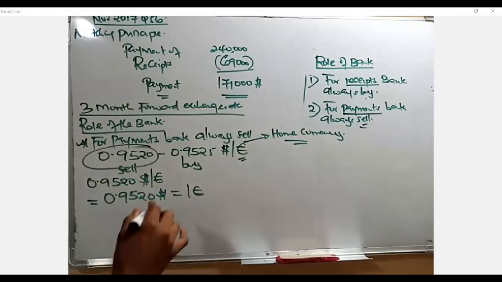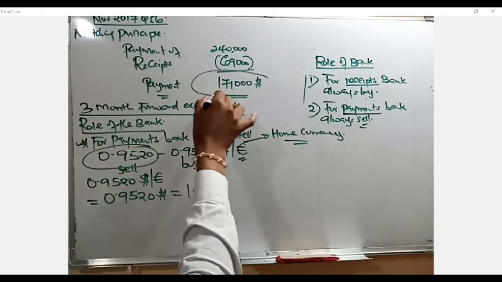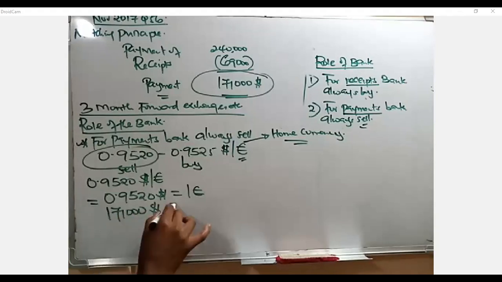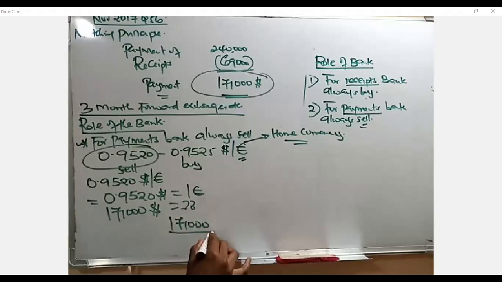So you ask yourself, how much do we want to change to our home currency? We are discussing 171,000 US dollars, how much is that? Do your exchange rate. Just say it is 171,000, then I divide by 0.9520.